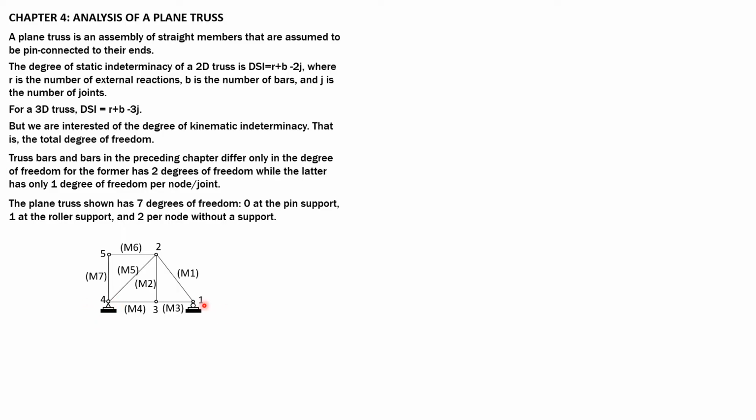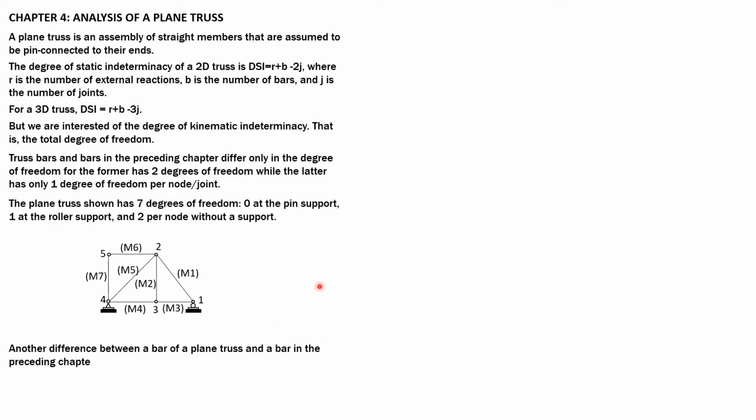At node 1, there's only one movement and that is horizontal. So at nodes 2, 3, 5, each node has 2 degrees of freedom, then plus 1 at node 1, that makes it 7 degrees of freedom. Therefore, there are 7 unknowns in this truss, the 7 degrees of freedom or the 7 displacements.